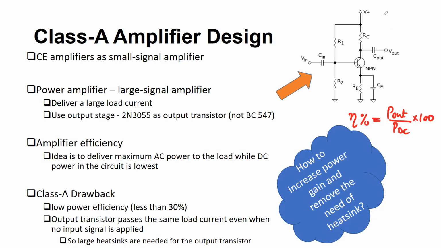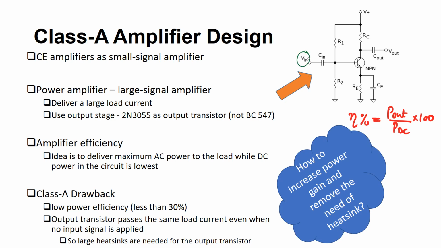You can see that from our previous model, this is a classic example of a BJT biased as a small signal amplifier, and this can also be called a class A amplifier. Basically we have seen the working principle of it.